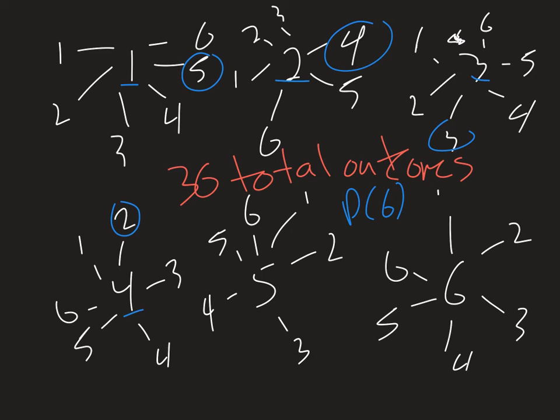If I roll a 5 on the first one, I need a 1. And if I roll a 6 on my first die, there is no way I can make a 6, because the lowest number I could roll on the second die would be a 1. And this tells me if I count these up, I have 1, 2, 3, 4, 5 possibilities of the 36. So the probability of rolling a 6 with 2 standard dice would be 5 out of 36.